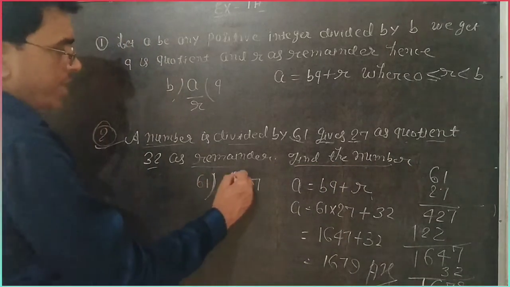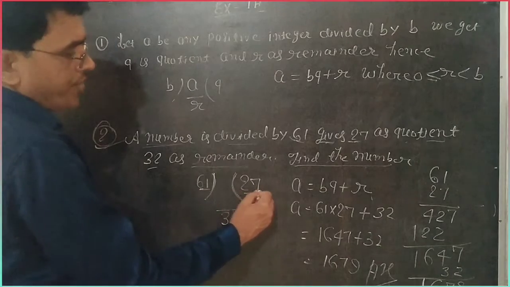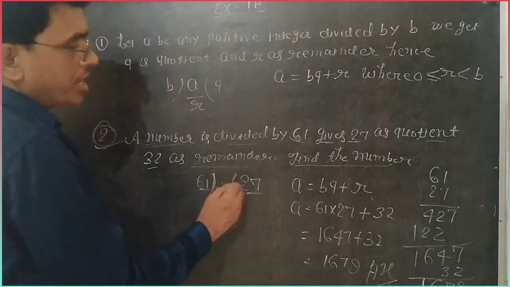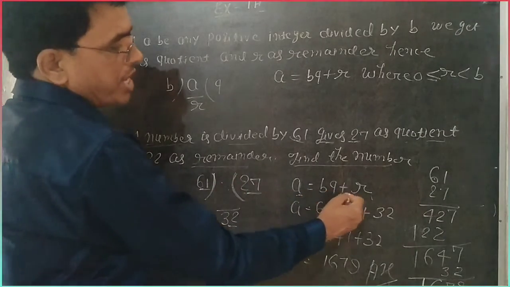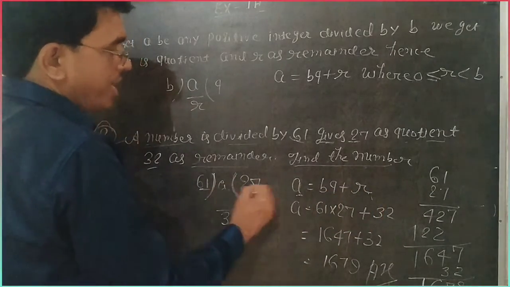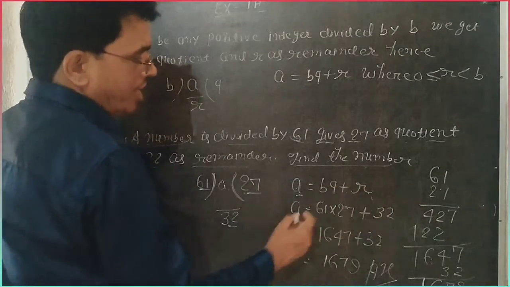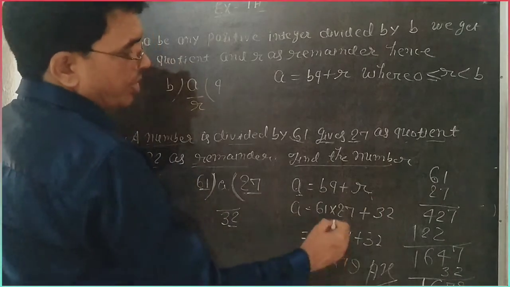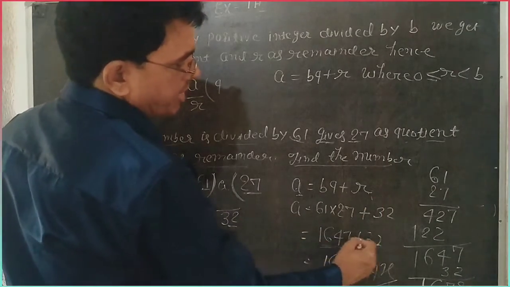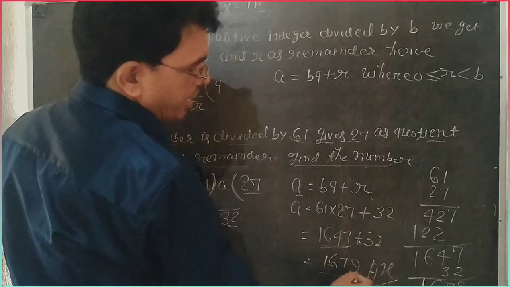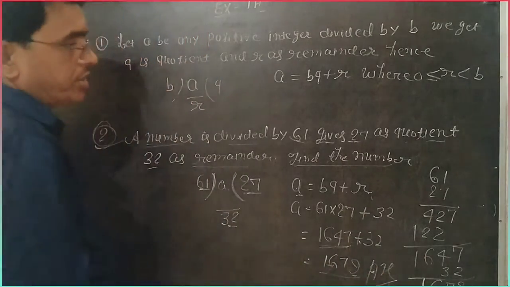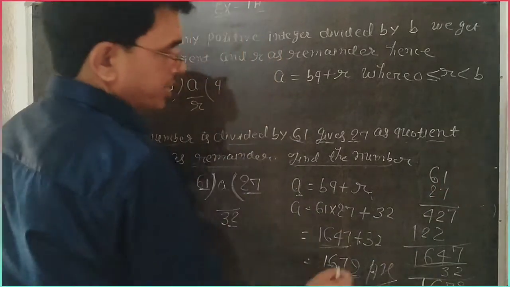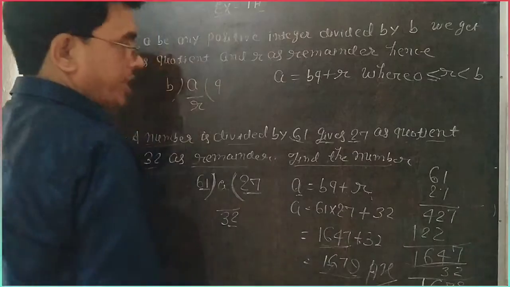That means it is a dividend, and dividend is equal to divisor into quotient plus remainder. Otherwise it is a, and a is equal to bq plus r. So a is equal to 61 into 27 plus 32. Multiply, then you get 1647 plus 32, it is 1679. That is your solution.